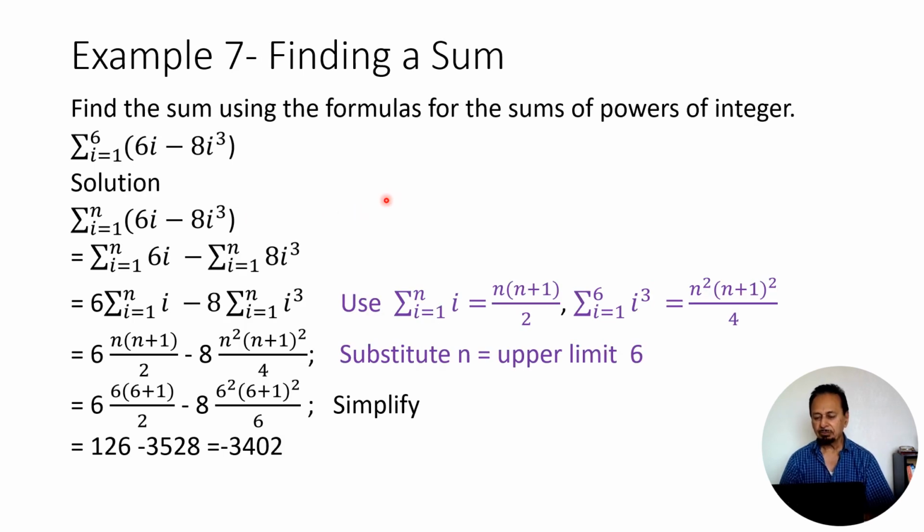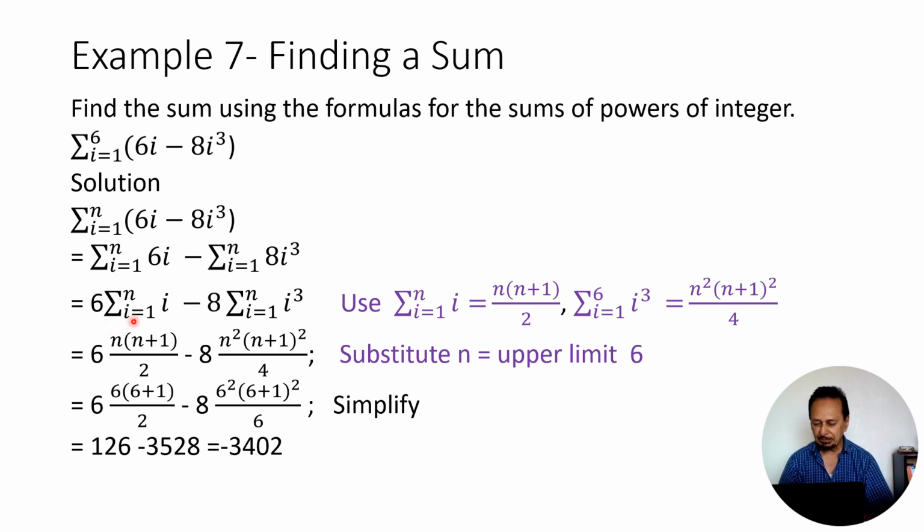Example 7. We're going to find this sum using the formula for the sum of the powers of integers: the summation of i from 1 to 6 of 6i minus 8i cubed. So let's write down this formula, i from 1 to n, 6i minus 8i cubed. Let's break it down into two summations and factor out.